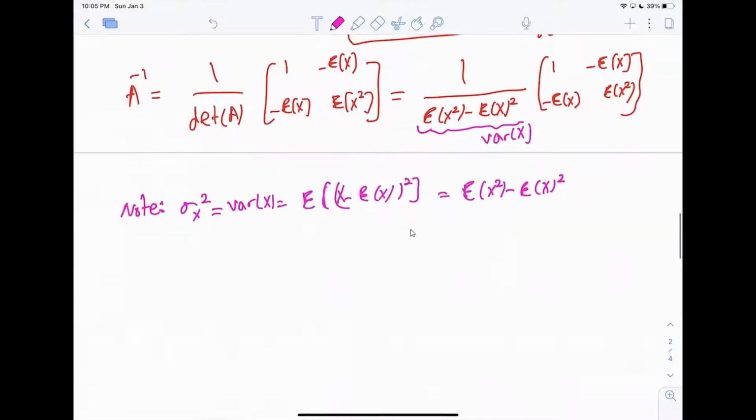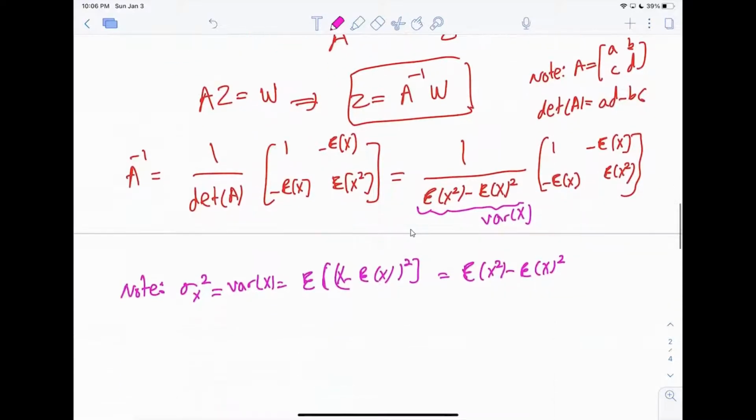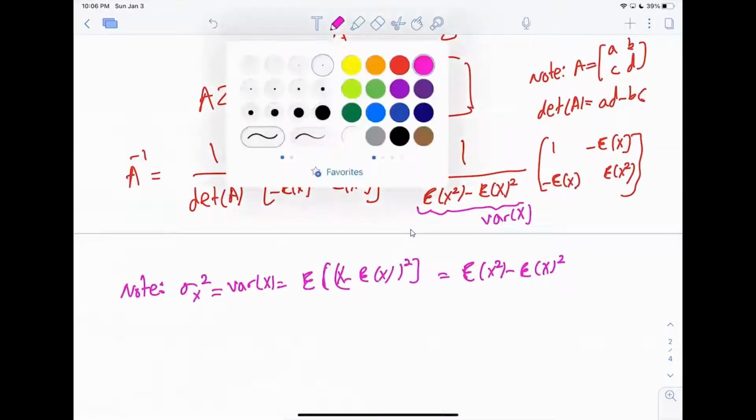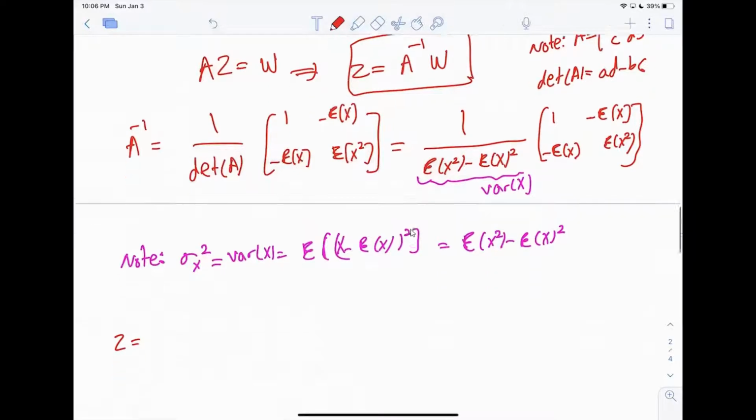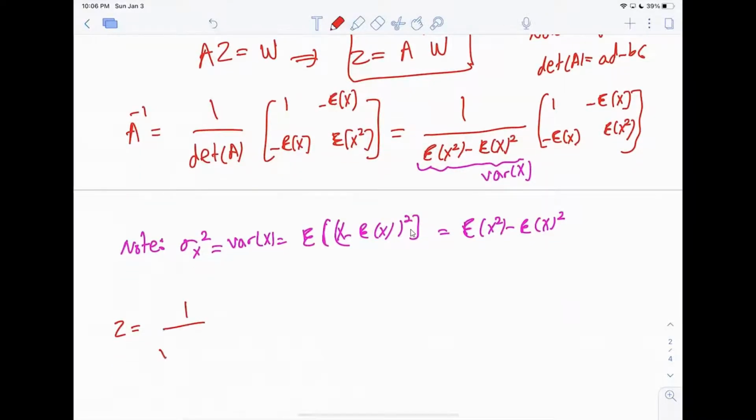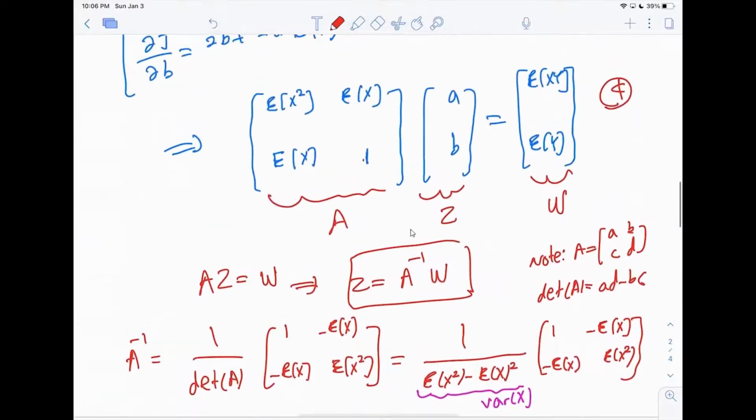So you see that already we are getting a very close form solution here. So let's switch the color here. Let's see what Z is equal to. Z is equal to 1 over variance of x times [1, negative E[x]; negative E[x], E[x²]], multiplied by the vector W.